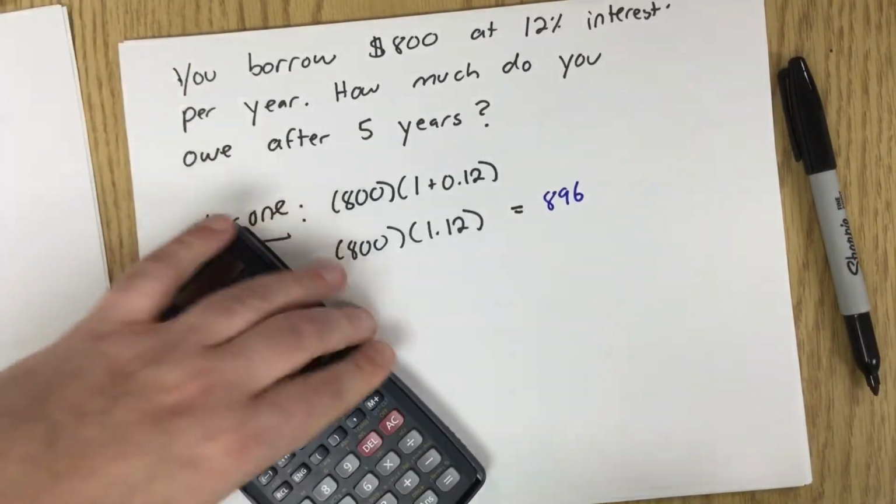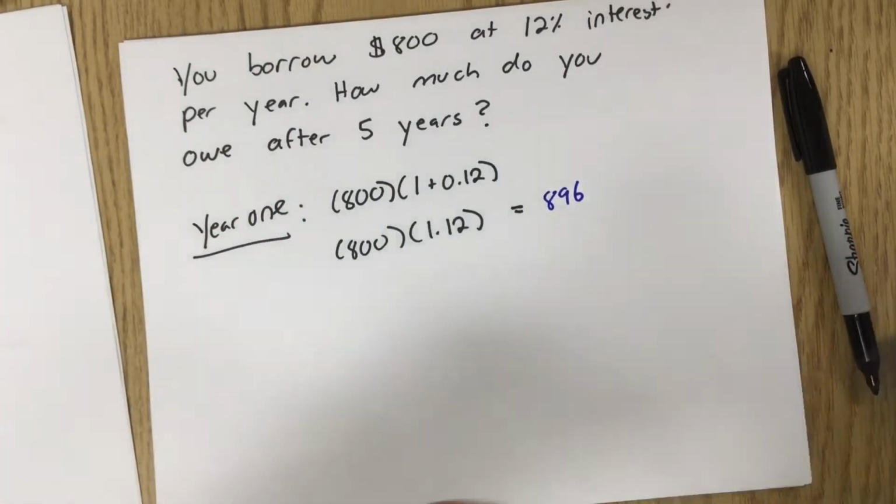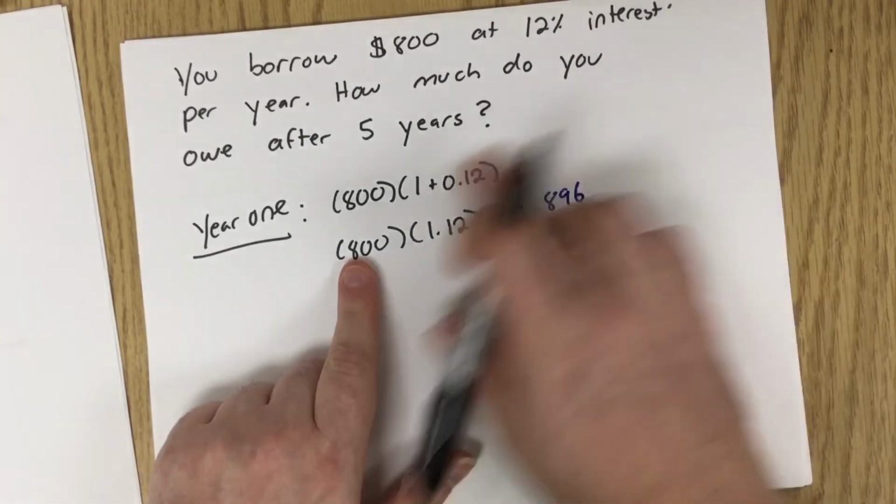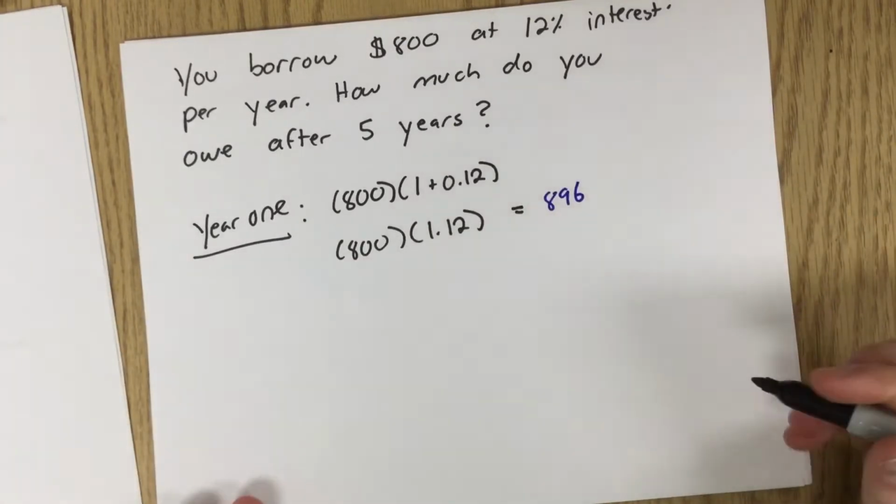Now, the way compound interest works is that you now pay interest on, so there was $96 in interest, and you now pay interest on that interest.